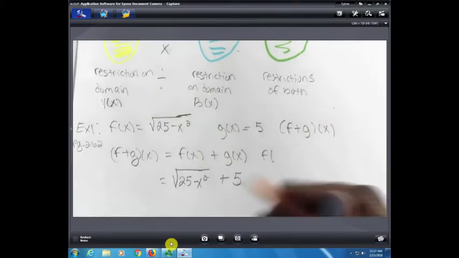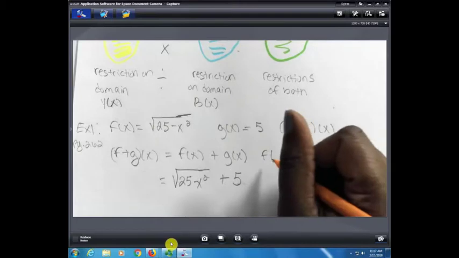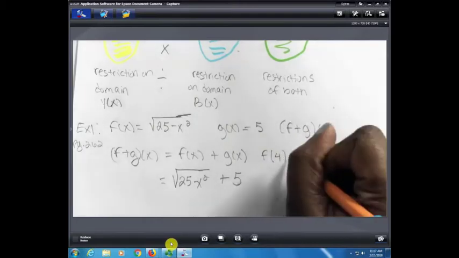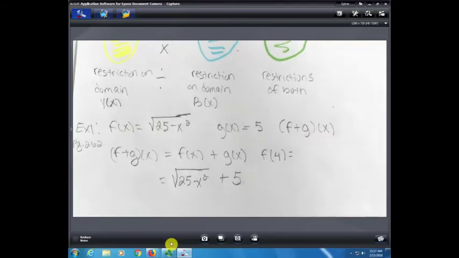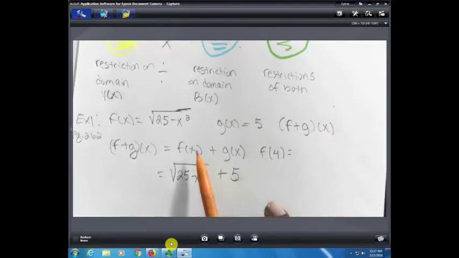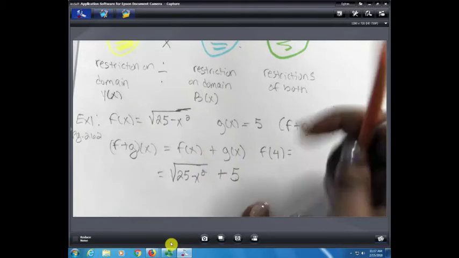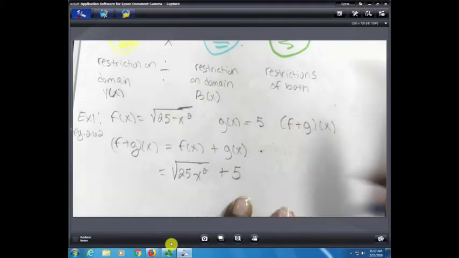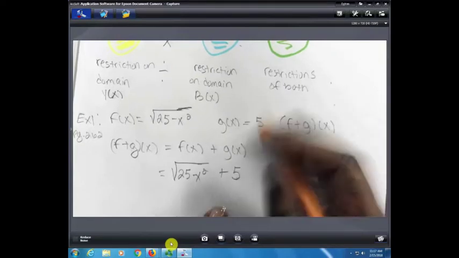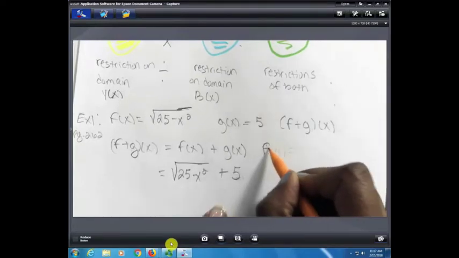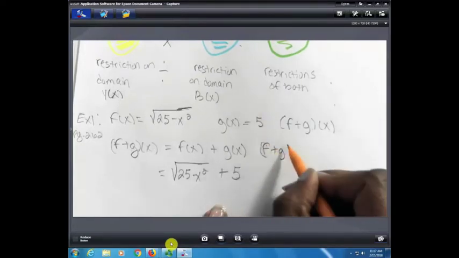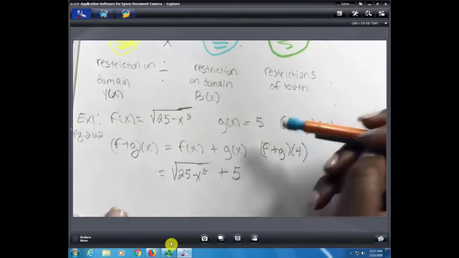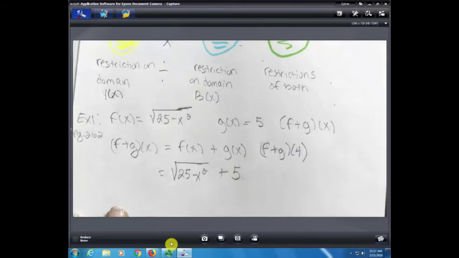Let's say we evaluated this function at 4. If I wanted to evaluate this function at 4, and actually I wouldn't write it like this. I want this f plus g function evaluated at 4, not just my f function.